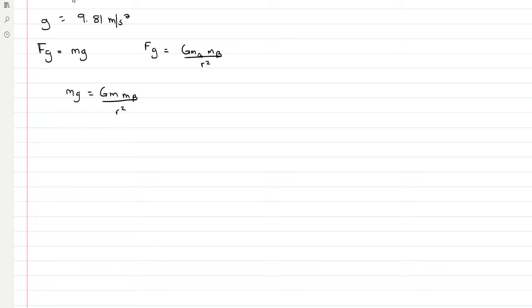I'm distinguishing this M_B to be different from just the mass. The other way that it's written in the textbook is mass source and mass test. So when these combine, we divide through by the test mass, so this one cancels.